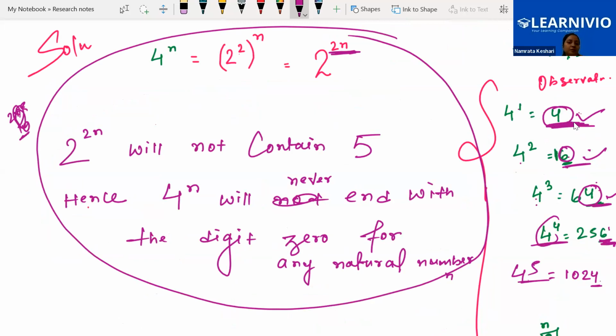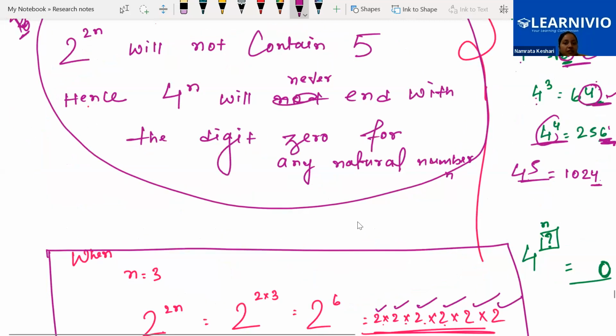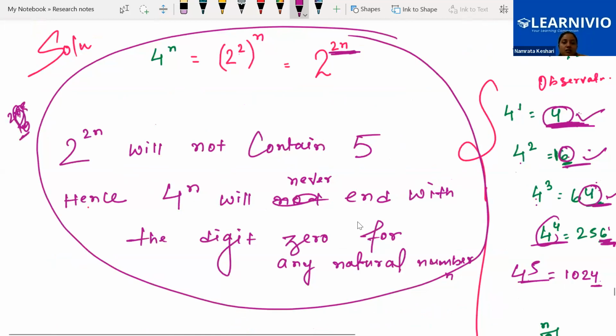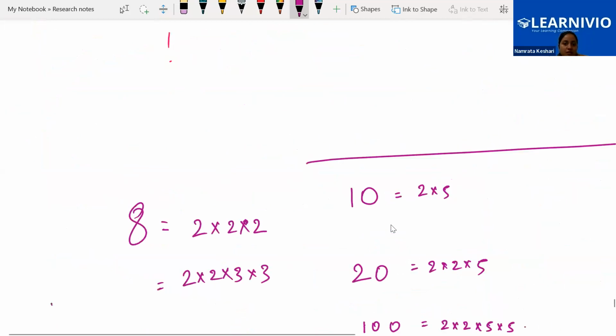Clear? That was just the observation. This is the concept: because no 5 is there in the factorization, how can we get 0 as the last digit?